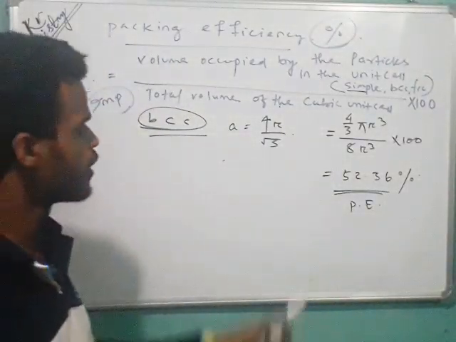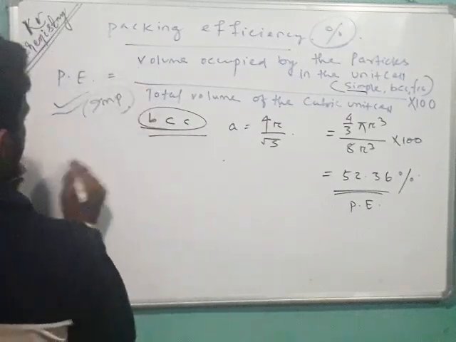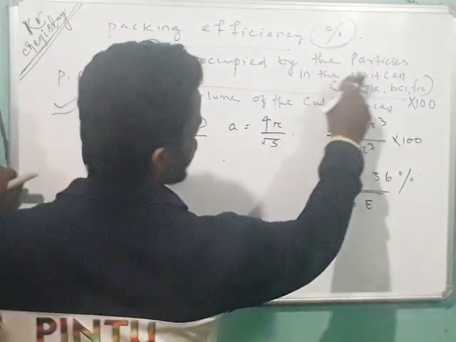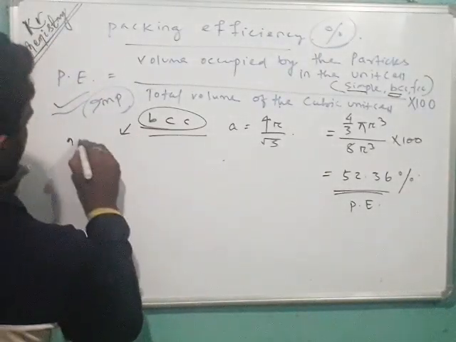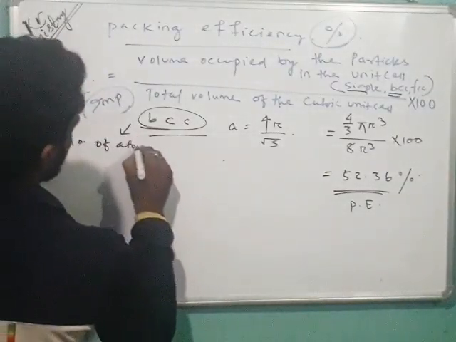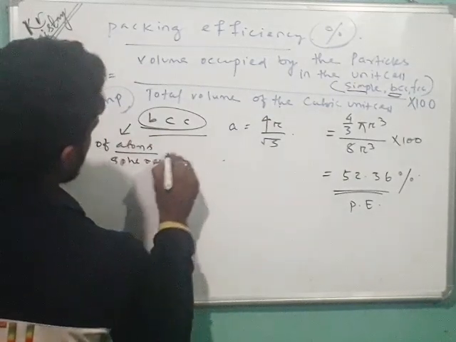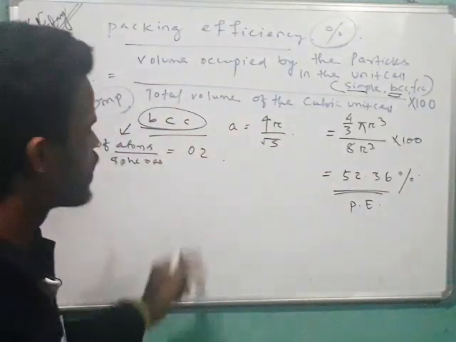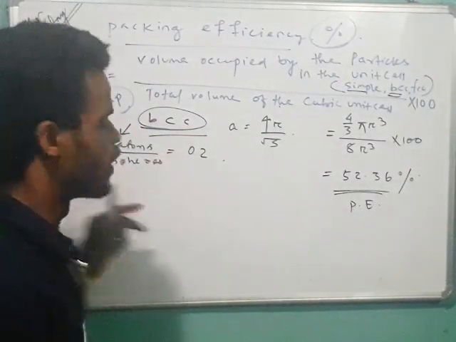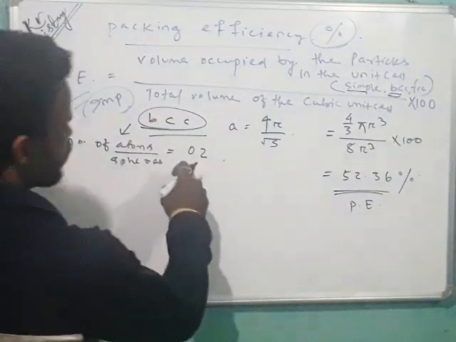So the volume occupied by the particles in body centered cubic crystal means the number of atoms or spheres situated in it, that is 2, which means there are 2 spheres situated. So for body centered cubic crystal the number of atoms is 2.